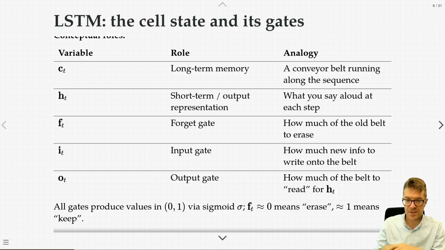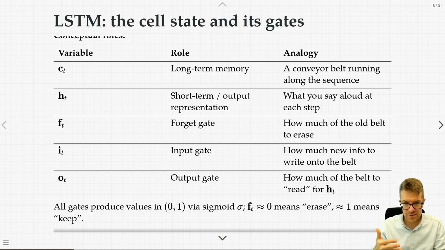It can also not necessarily deterministically turn on and off information. Sometimes I'm referring to it that way, like we're removing information from this conveyor belt C sub t or adding information to the conveyor belt C sub t. It's usually not that deterministic or discrete. Because this is a sigmoid, it's on a range, and you can add and remove information, so to speak, in a fuzzy way.